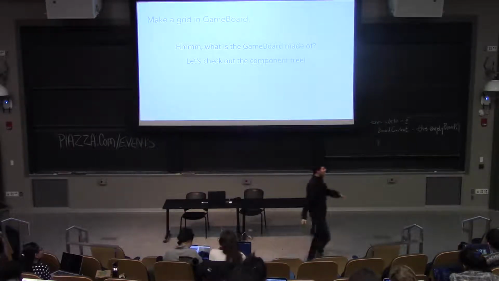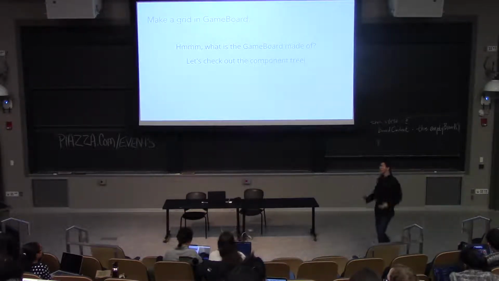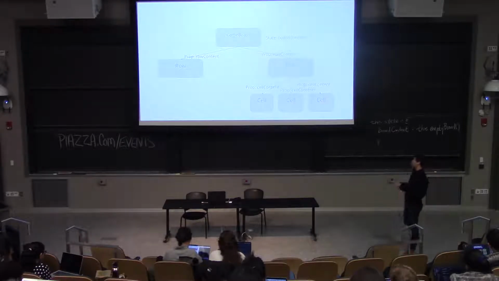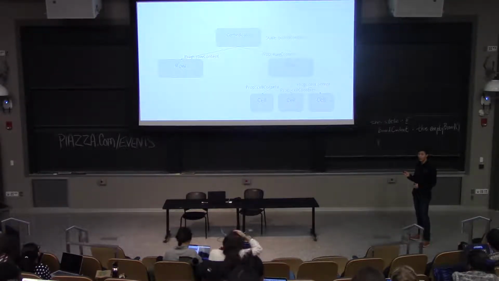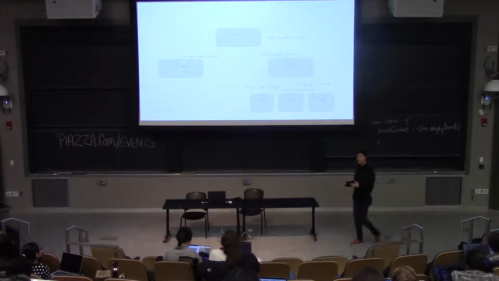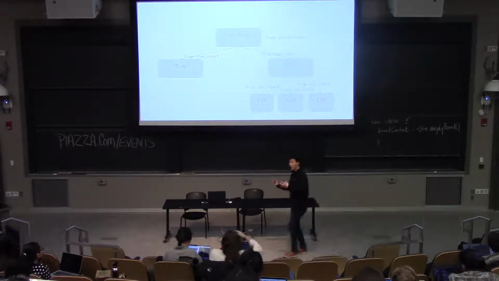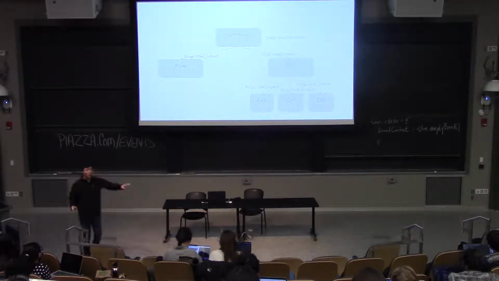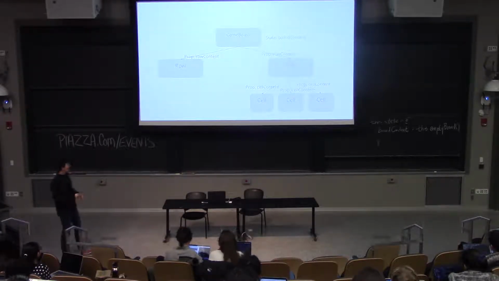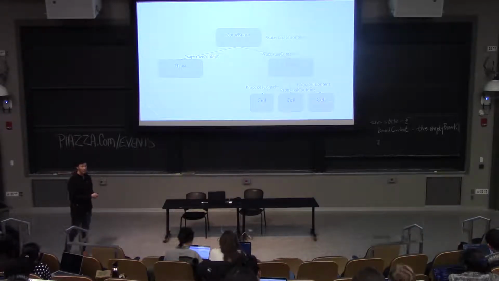So let's make the grid. Let's start initializing the grid. Check out this component tree. What do we have in board? We have board content already in our state, right? Now what we need to do is pass something down as a property. What do we want to pass down? The row, we want to pass the row down. In particular, we want to pass the row down in a property called row content, as we decided in our component tree.